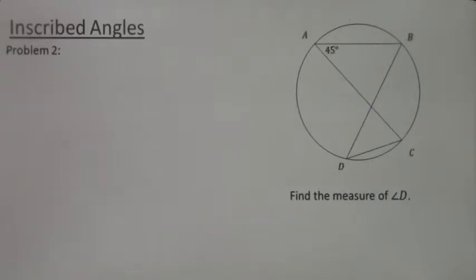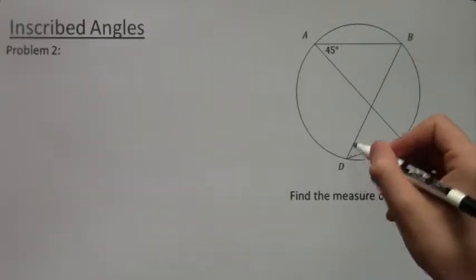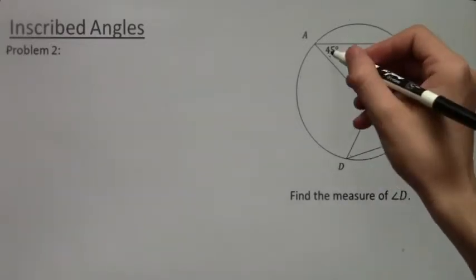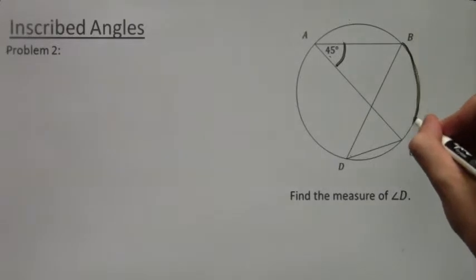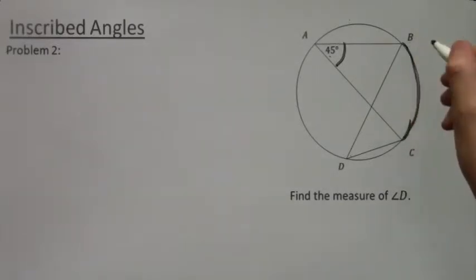So now let's do another example. Here we want to find the measure of angle D. So before we can find the measure of angle D, because right now it's not obvious how to do it, let's try to find out what we can about this situation. So we know the 45 degrees, and that 45 degree inscribed angle intersects this arc.